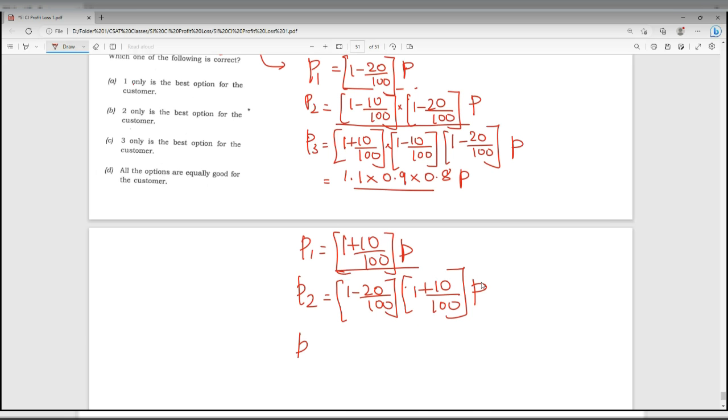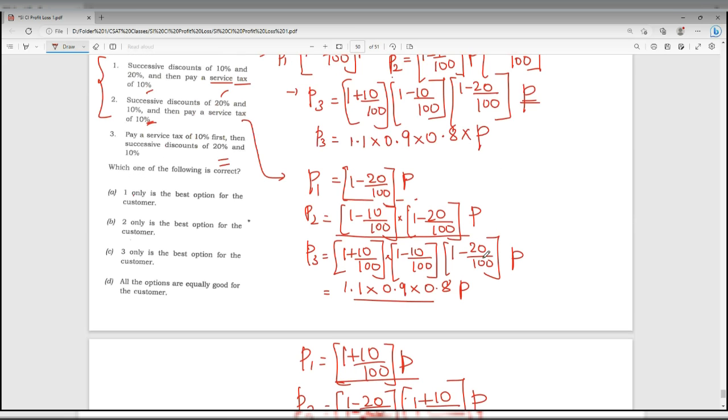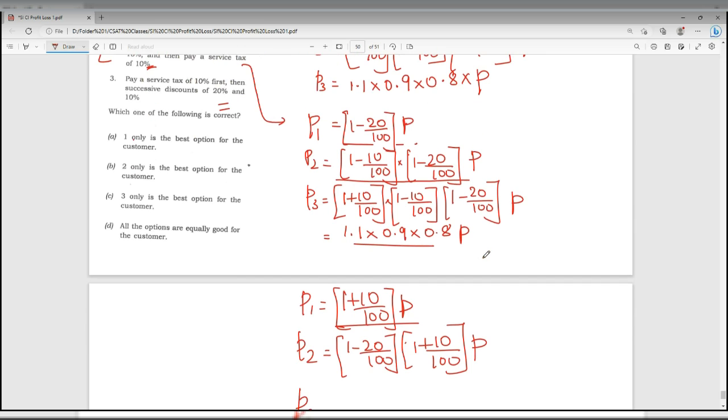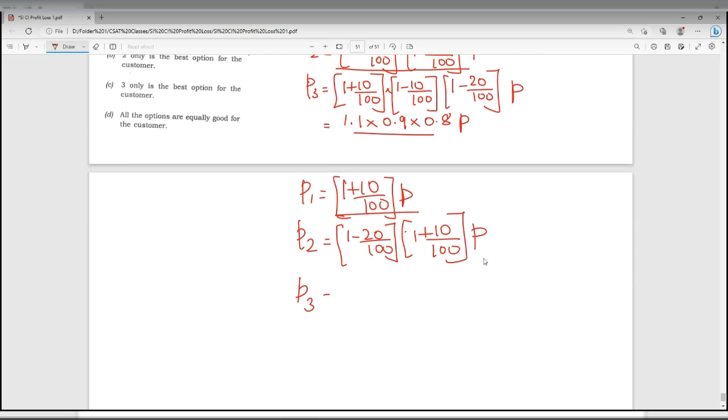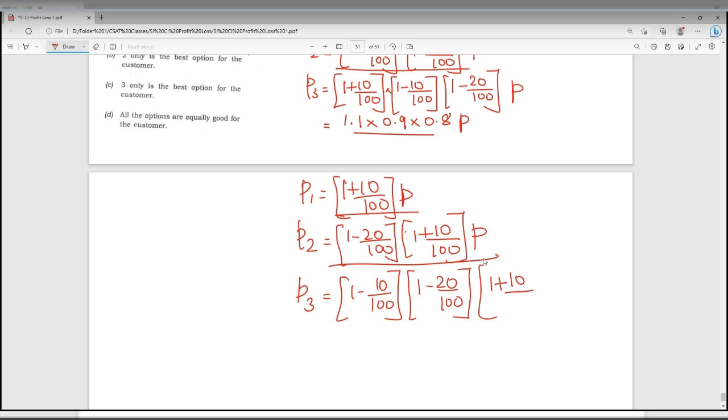So P3 is the 10% discount. That is 1 minus 10 by 100 into P2. P2 I have substituted directly here: 1 minus 20 by 100 into 1 plus 10 by 100 into P. So again, this is 0.9, 0.8 into 1.1.